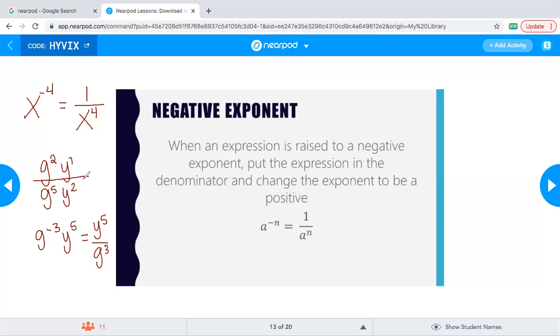On a test, if there was a division question and we got a negative, would we have to do the negative part? Yes. An expression is not all the way simplified unless all exponents are positive. So if you see a negative, you have to keep simplifying.